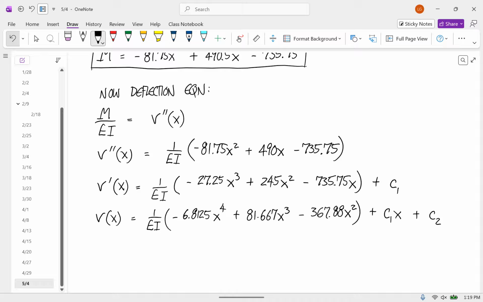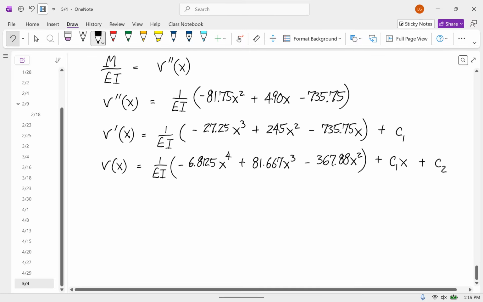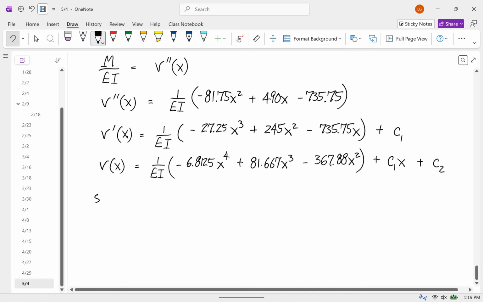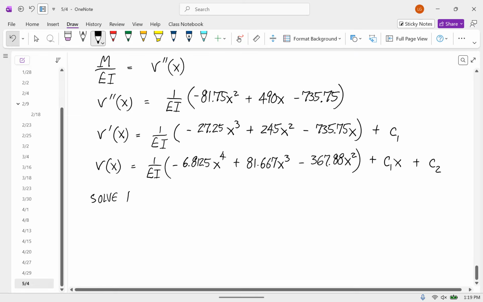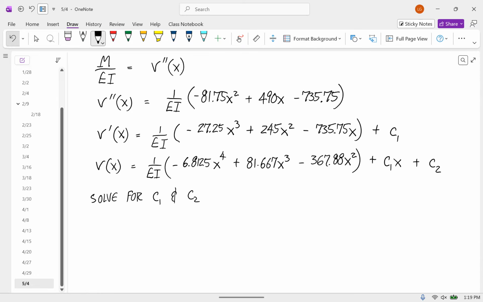Okay, so all that's left is solving for those two constants of integration, C1 and C2, using the boundary conditions. The boundary conditions are v when x is equal to 0 is equal to 0, and v prime when x is equal to 0 is equal to 0.